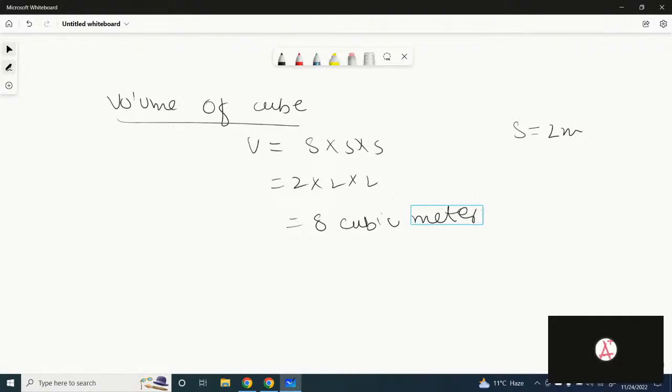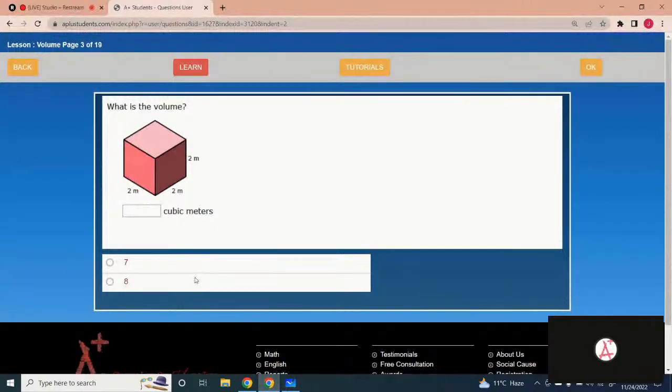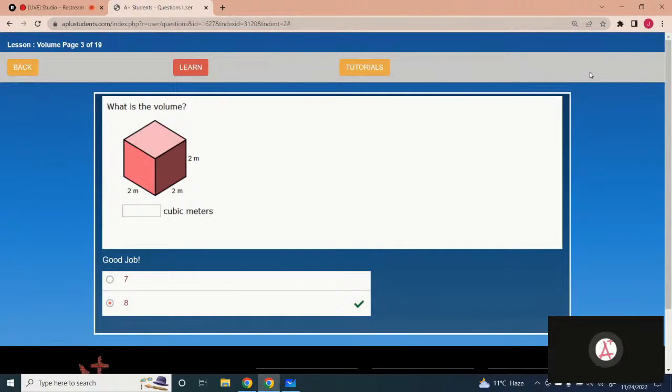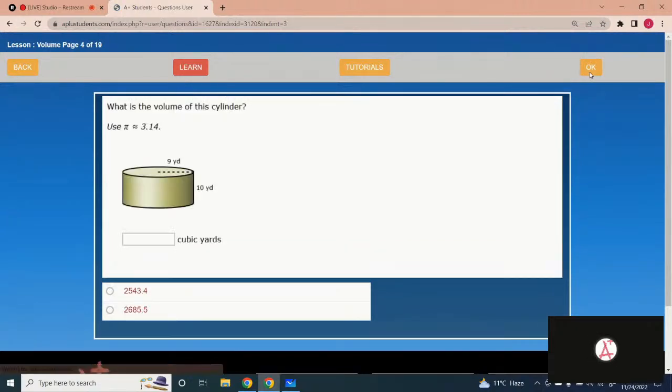Got it? So just select the correct option, 8 cubic meters, and then click on the OK button. If you have any question, just write the question in the chat box. I'll answer all your questions.